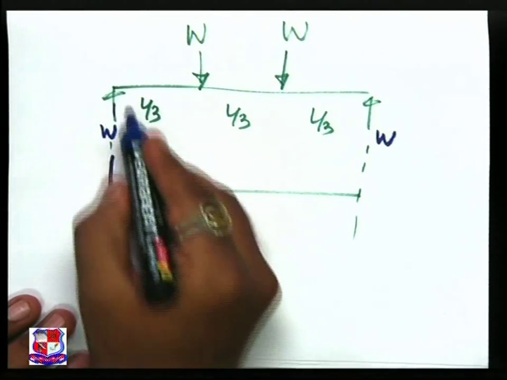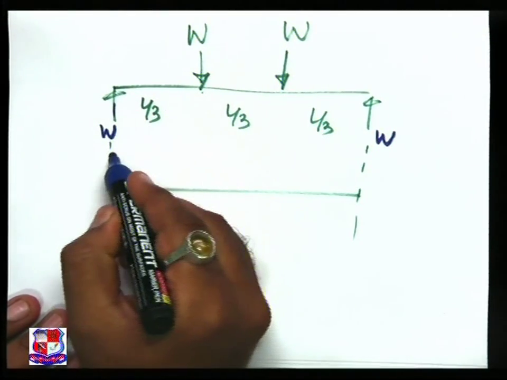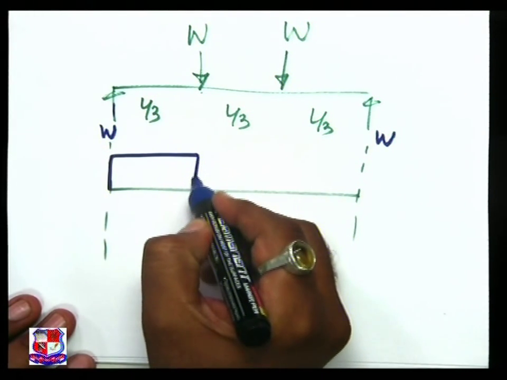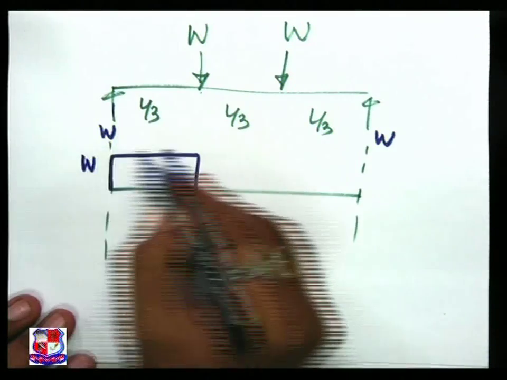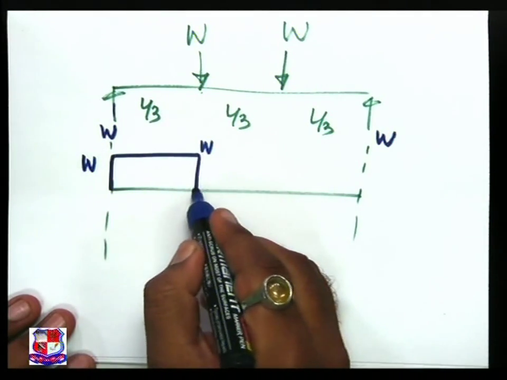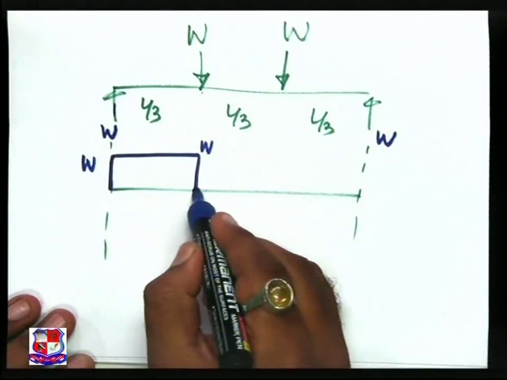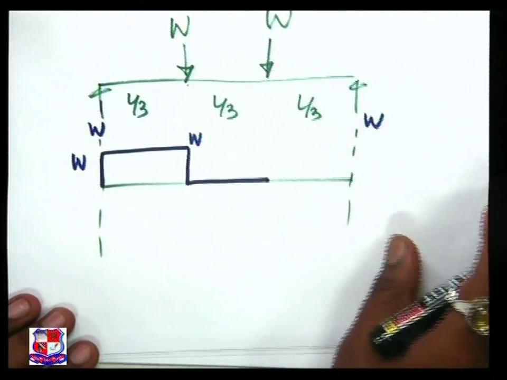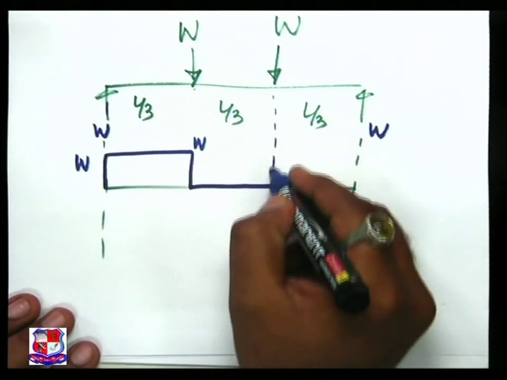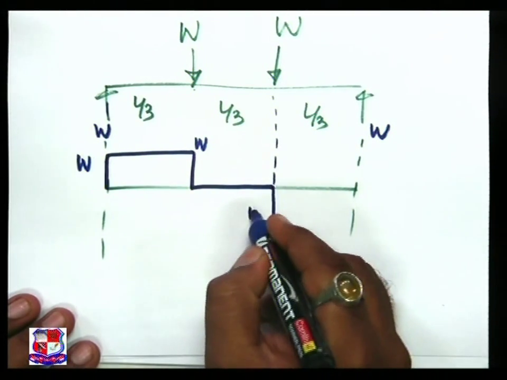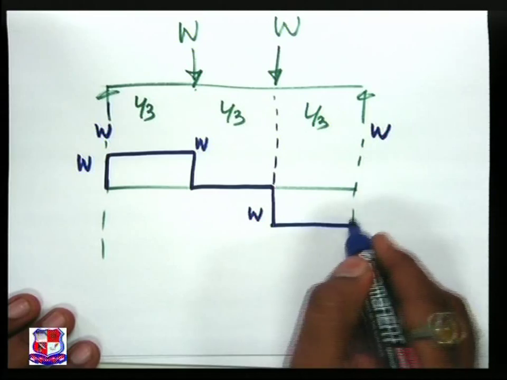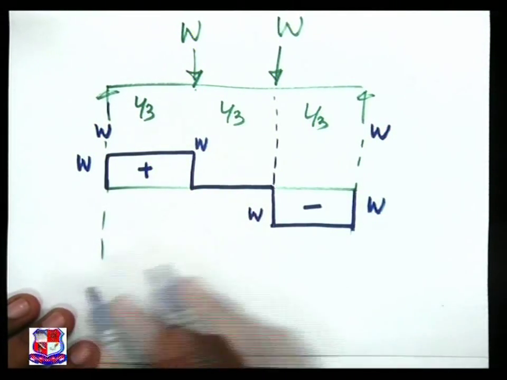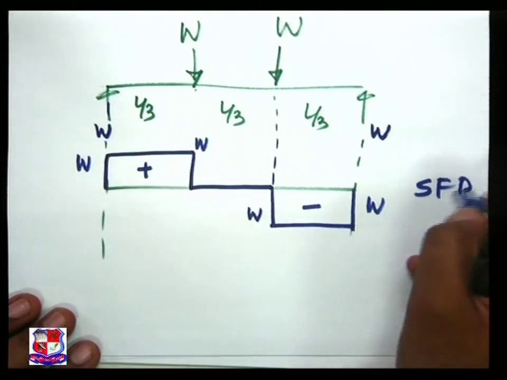Between these two points there is no load, so a horizontal straight line, then it suddenly changes by W. There is no load between this span, so it is 0 throughout, no change at all. Under this load it goes down by W. Negative sign, positive sign. This is my shear force diagram.